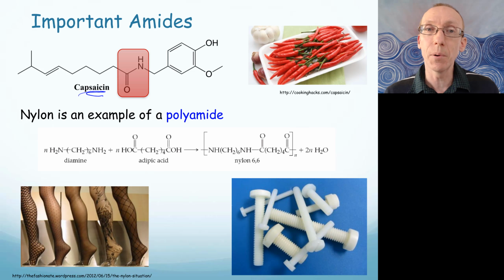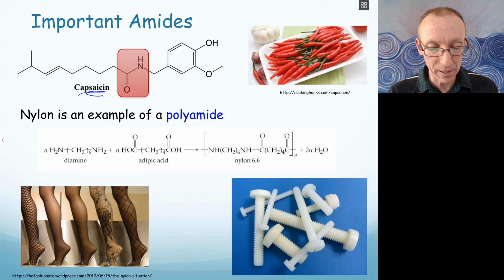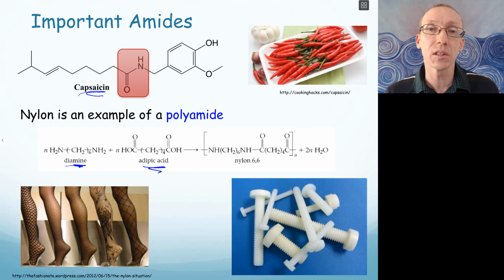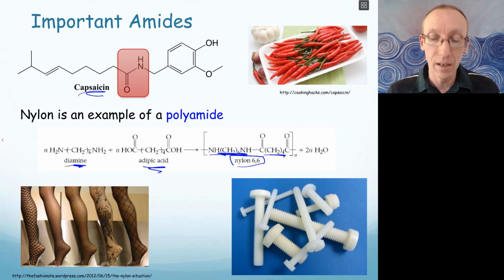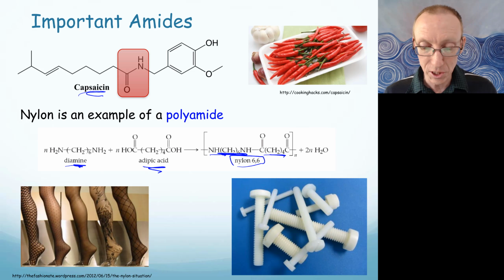Amides are also really important in the polymer industry. One of the very earliest polymers was nylon, and nylon is just made from a diamine reacting with a dicarboxylic acid, or more often a dicarboxylic acid derivative like a diacid chloride or similar, and you end up making a molecule that has these diamine groups attached to dicarboxylic acid groups, so you have a diamide, a repeating pattern along the chain.